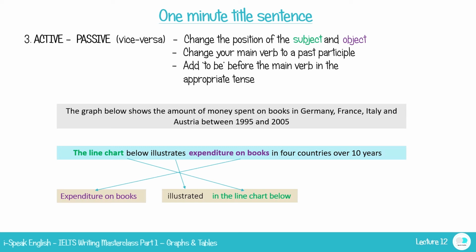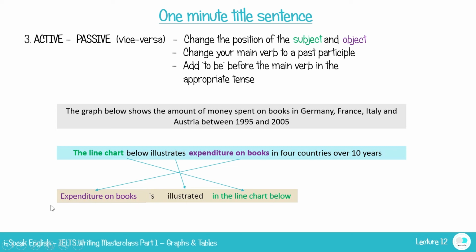So in our active sentence, our main verb is in present simple. So to be needs to reflect that. So we use is. Also be wary in passive sentences, to be agrees with your object, not with your subject. So it agrees with expenditure, not with the line chart below.